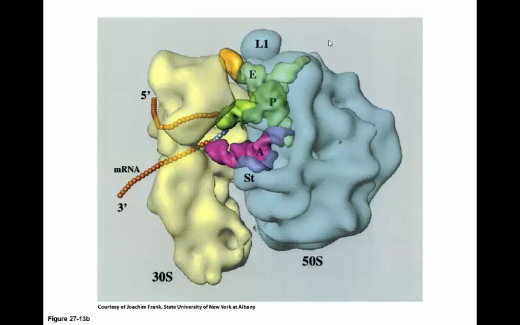It'll exit from this site, and then the ribosome will move down one triplet codon. This tRNA will now be in the E site. This tRNA will be in the P site, and we'll have a new aminoacyl tRNA that binds to the A site. So again, we will see this mechanism during L11b. So this concludes L11a.